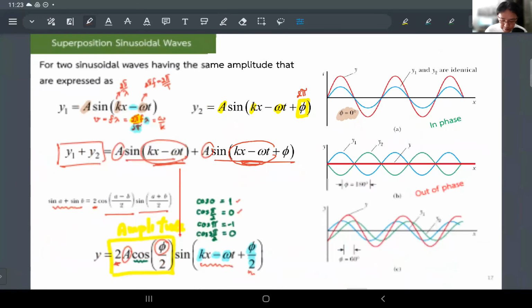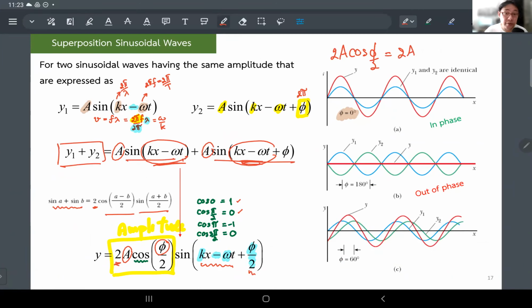If you substitute phi equal to 0 in here, you can see that the amplitude, 2A cosine phi over 2, is just 2A because cosine 0 is 1. With me? So the amplitude of each wave is A, and the resultant amplitude is 2A. You double that, the height is double. There you go, that's A, that is 2A.